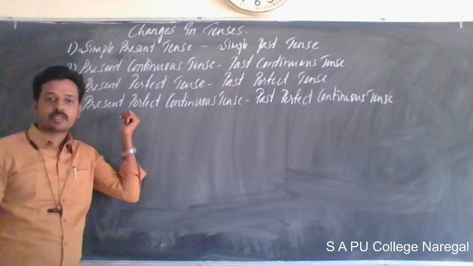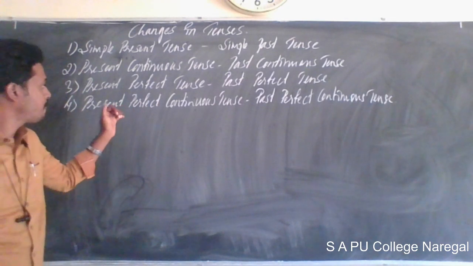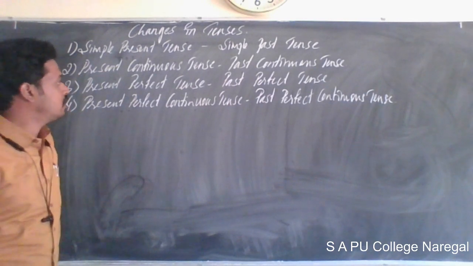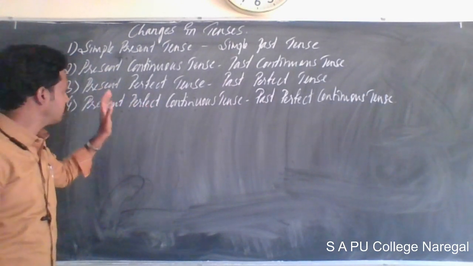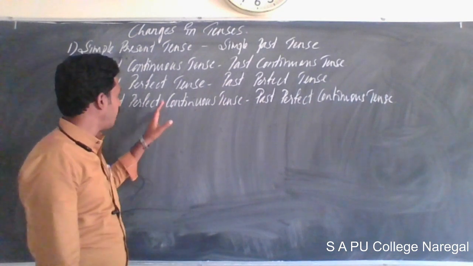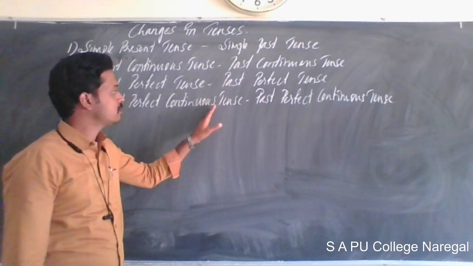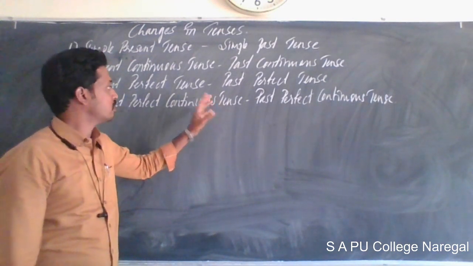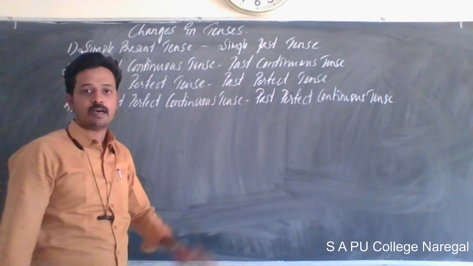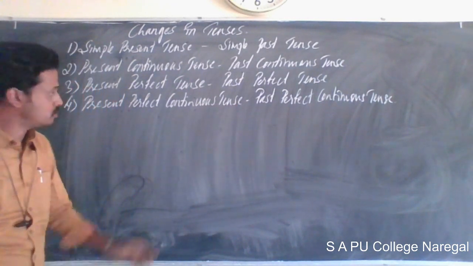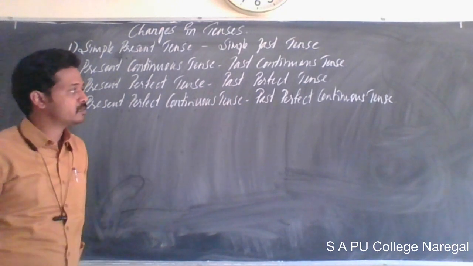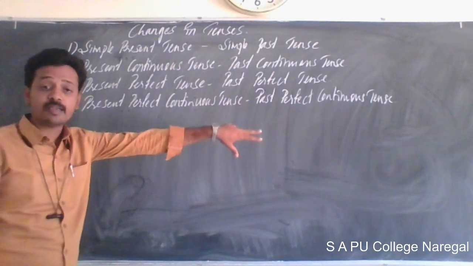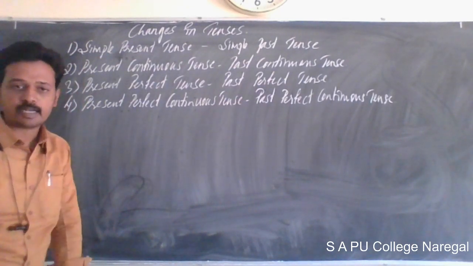For example, Ravi said, I have been writing a letter. While converting it into indirect speech, past perfect continuous tense. Ravi said that he had been writing a letter.